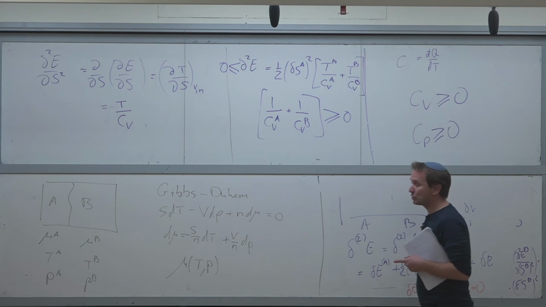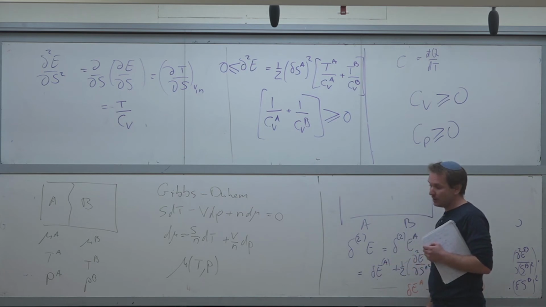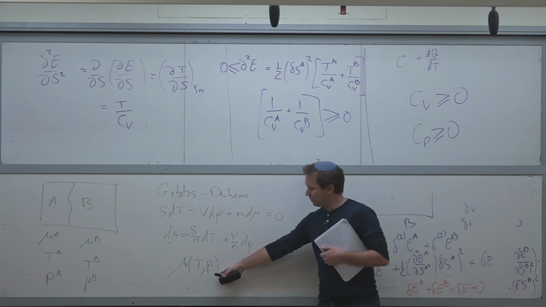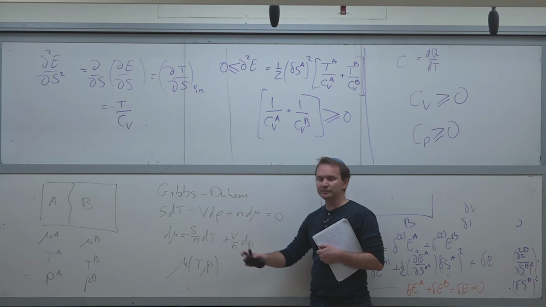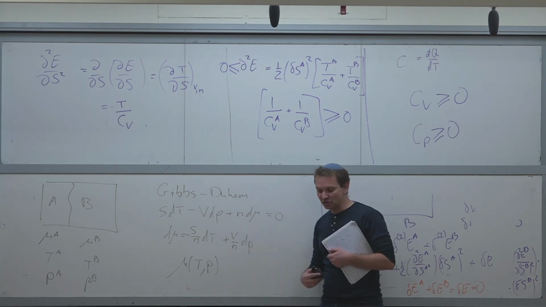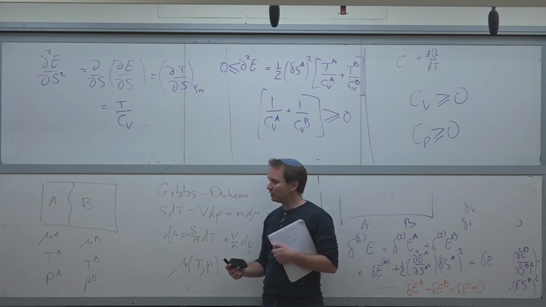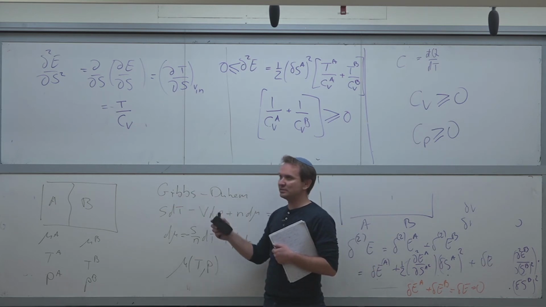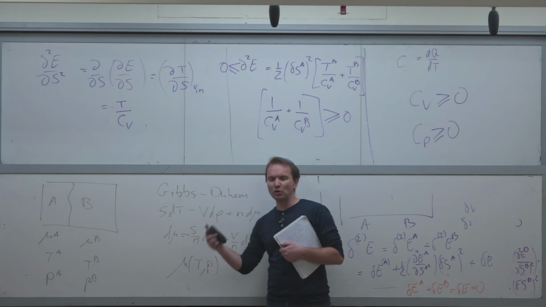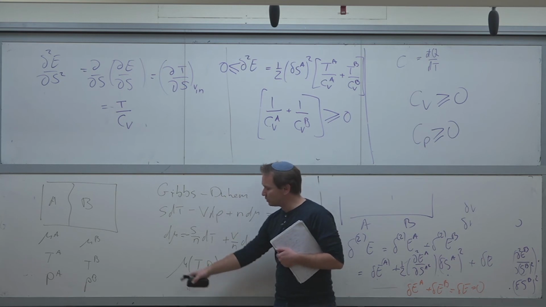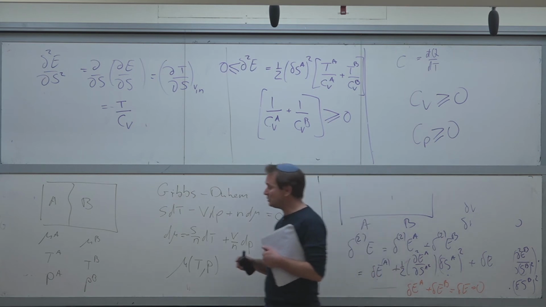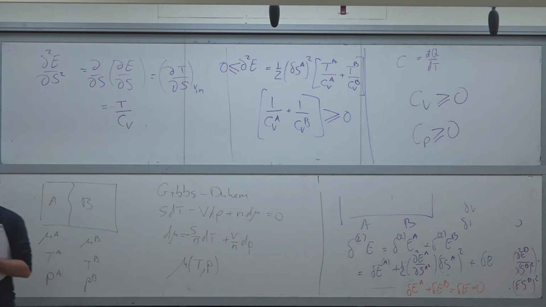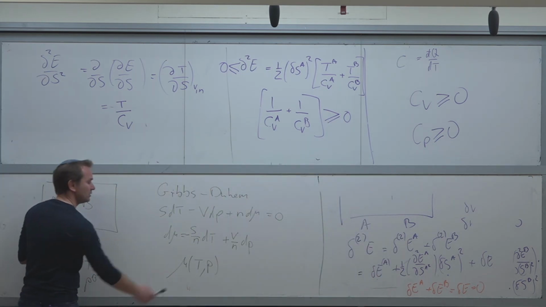But, and this is an important point, if mu is a continuous function, okay, an analytical function, nothing really happens. I change a little bit more the temperature of system A and system B. The pressure, I change it also a little bit more, and the chemical potential also changes a little bit. Nothing happens.